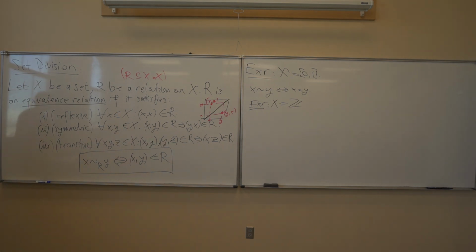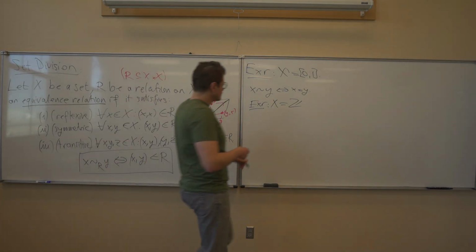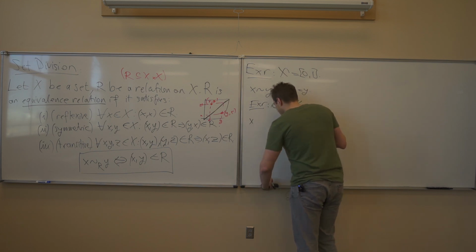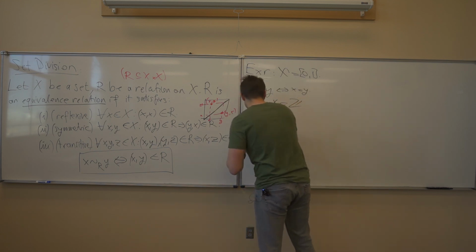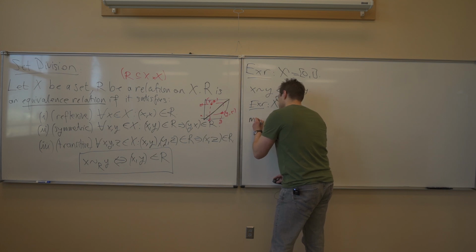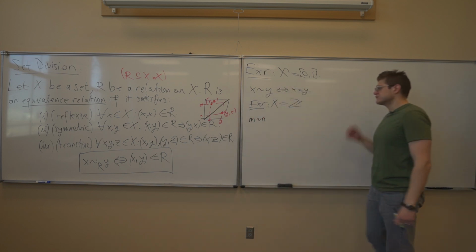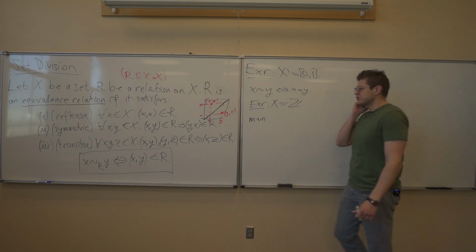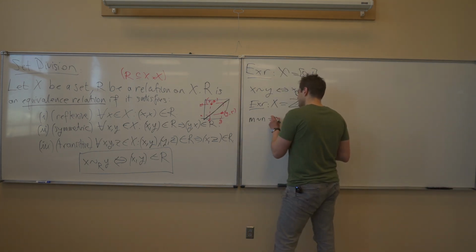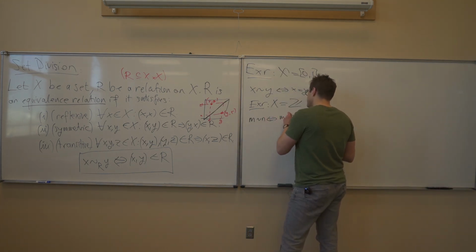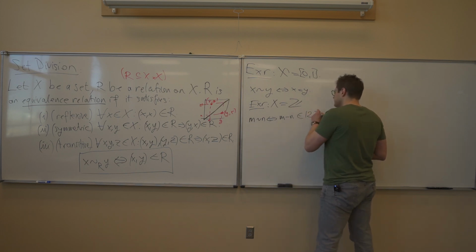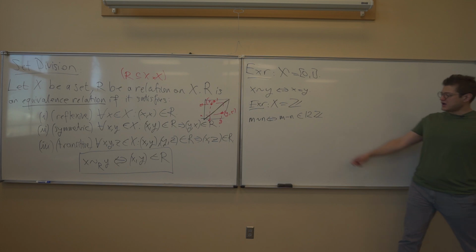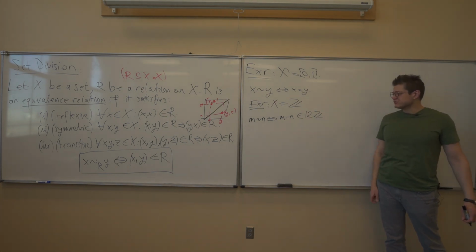And let me define the following equivalence relation. The exercise is to verify that it's an equivalence relation. I'm going to say two integers, m and n, are equivalent, or related, if their difference is a multiple of 12. So m minus n is in 12Z. Recall that this was my notation for the set of all integers that are multiples of 12.